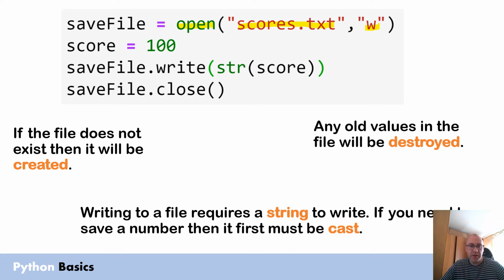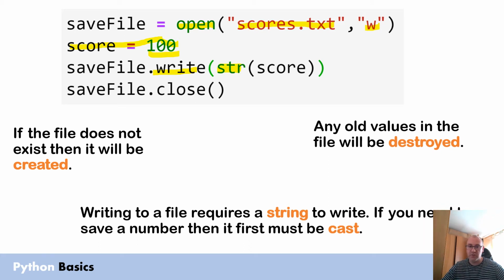Now I've just got a variable with a number in it. That's very straightforward. And then I'm going to write it to a file. Now, when I read from a file, if you remember, it always reads in text, always reads in a string. The same goes for writing to a file. I always want to write a string to the file. So I've got a number here, so I need to cast it first using the str command, cast to string, and then write it.